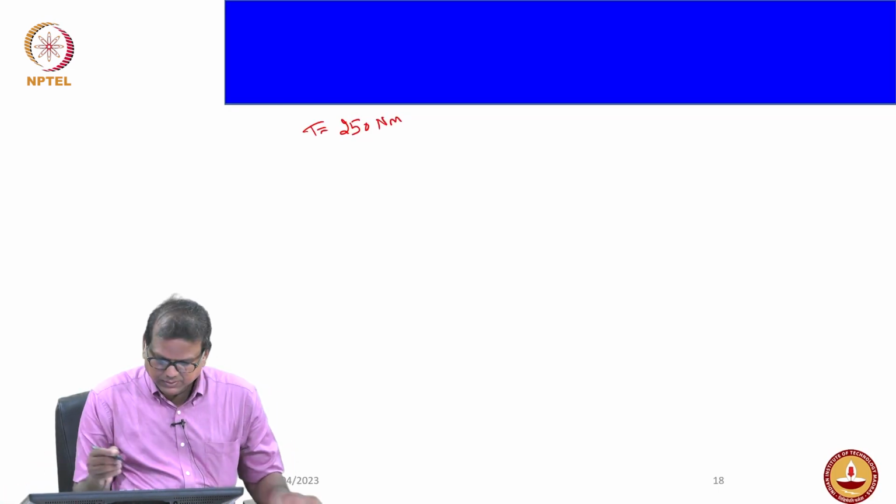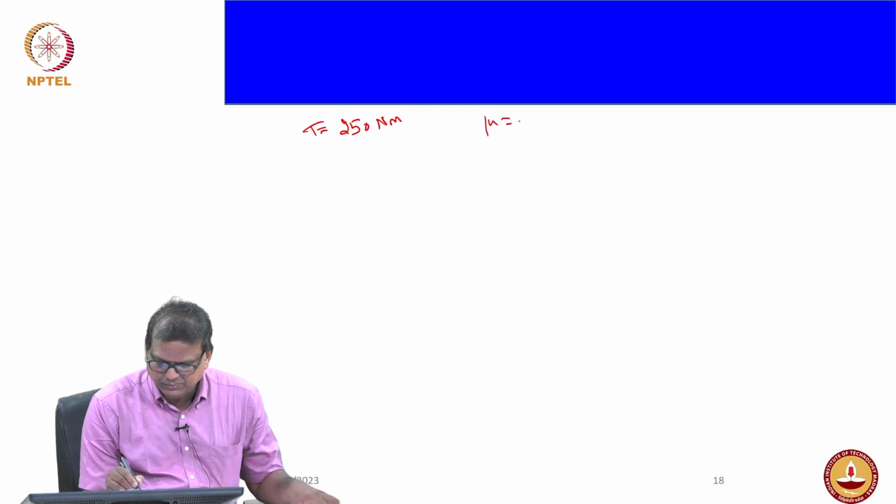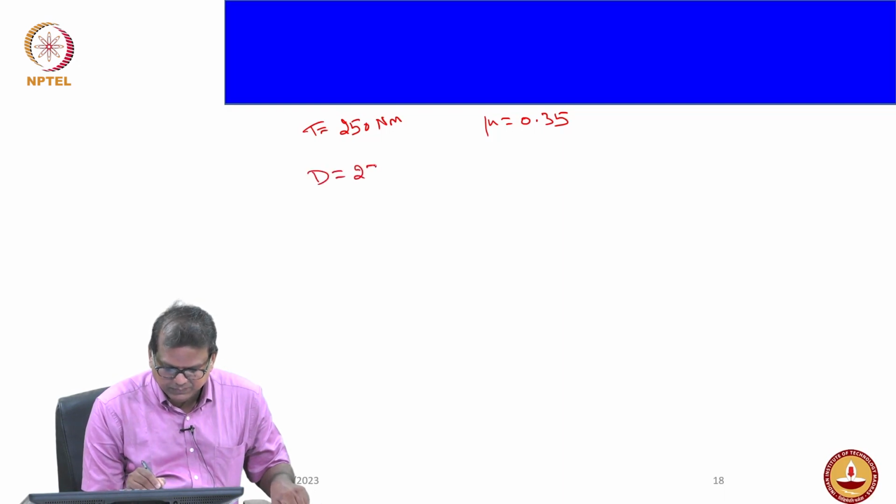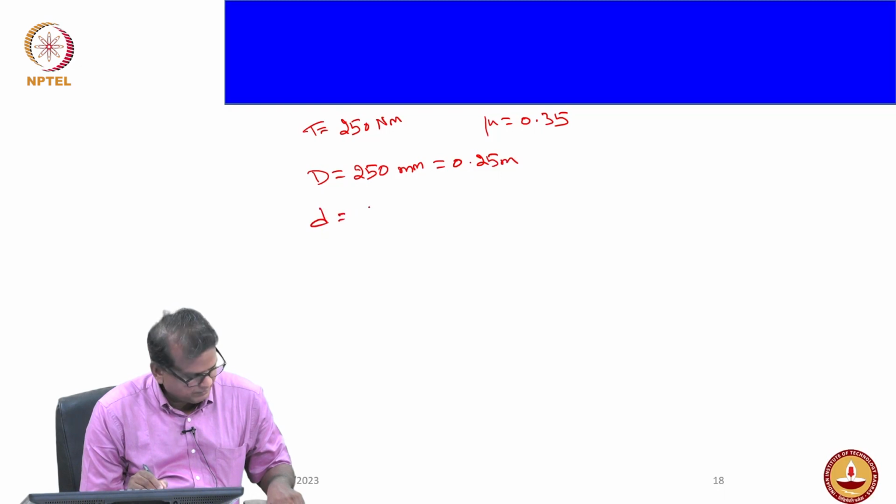The coefficient of friction, mu, equals 0.35. The outer dia is 250 millimeter, or 0.25 meter. The inner dia is 175 millimeter, or 0.175 meter.